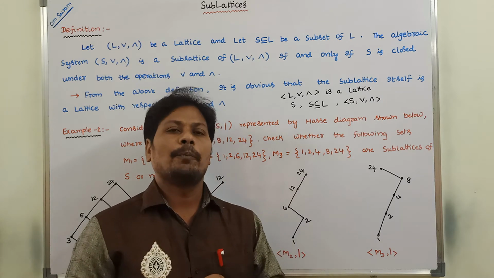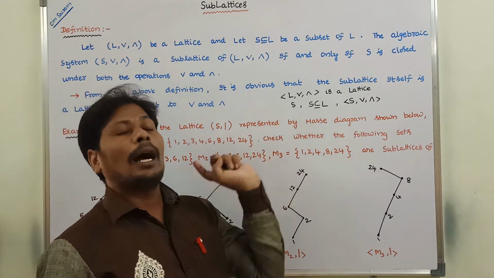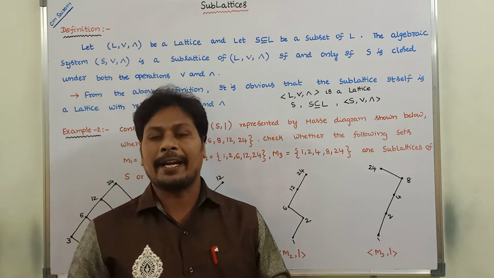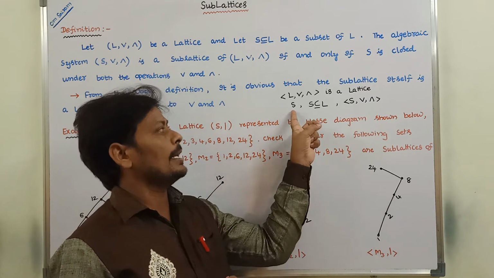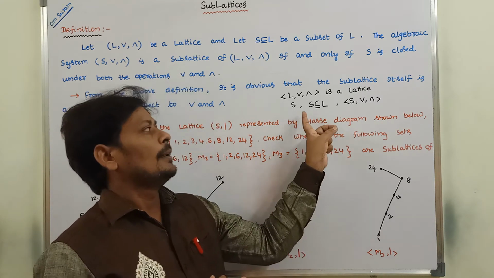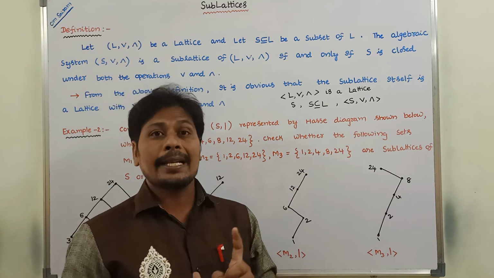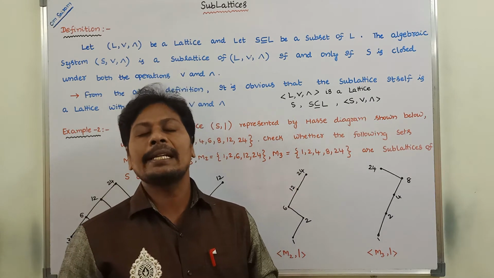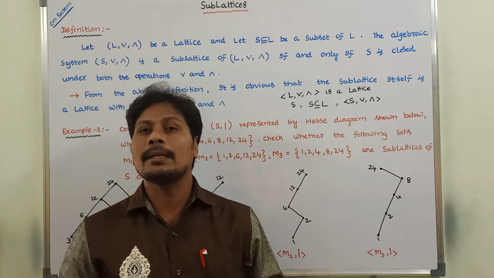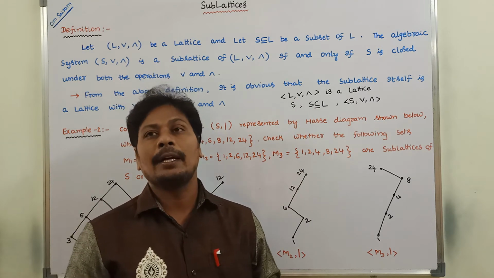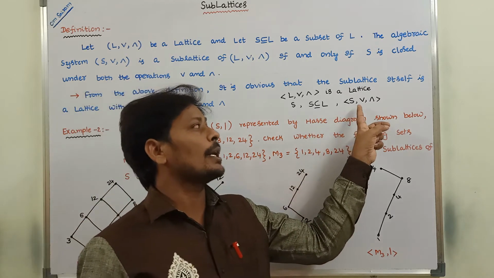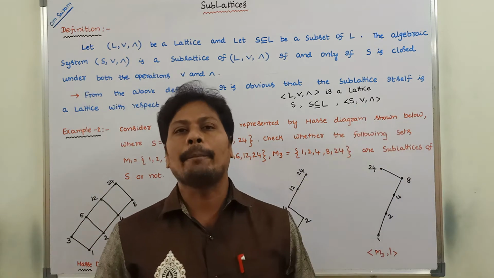Next, let us consider S as another finite set. S is a subset of L. Now S is said to be a sublattice of L, join, meet if and only if S is closed under both the operations join and meet.